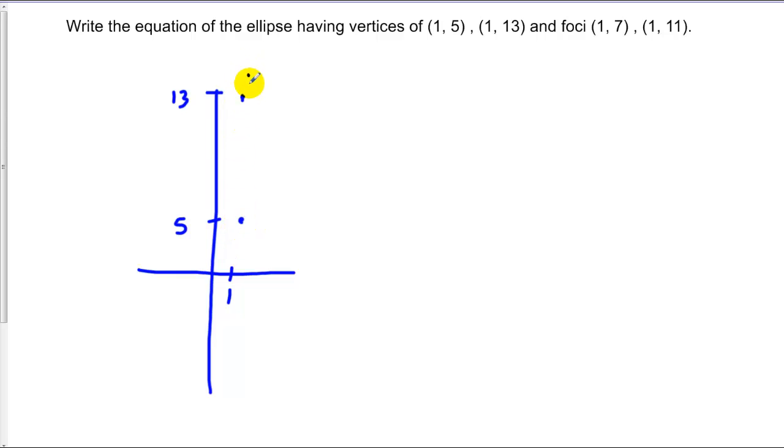And right off the bat, I can tell you I have a distance of 8 between the vertices. Therefore, halfway between there, or 4, is going to be where my center lies. So that's going to be a 9. Therefore, since these are vertices, they're vertical, and I have a center now at 1, 9.